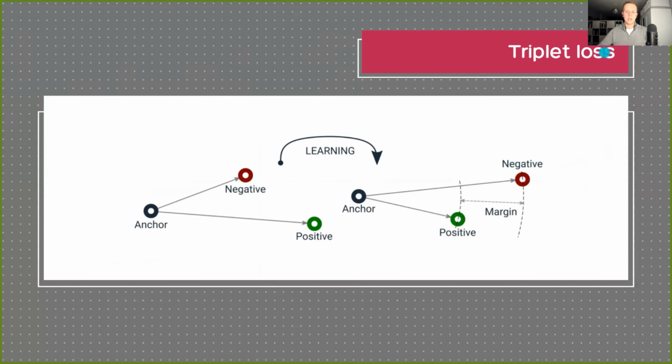Triplet loss is one of the examples, and for triplet loss, we need to provide some triplets. There is an anchor, there is a negative and a positive example, and the goal of the learning process is to move those points in the latent space, adjust their coordinates, so the positive example is closer to the anchor than the negative one, keeping some margin in mind. And that's the whole process.